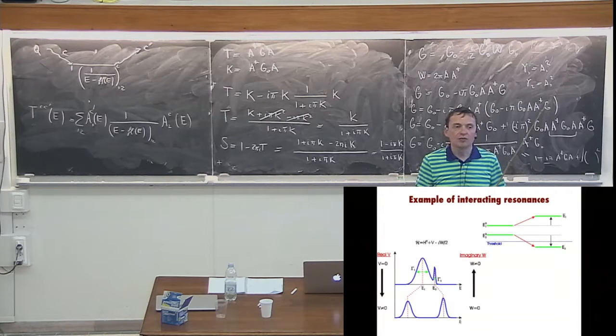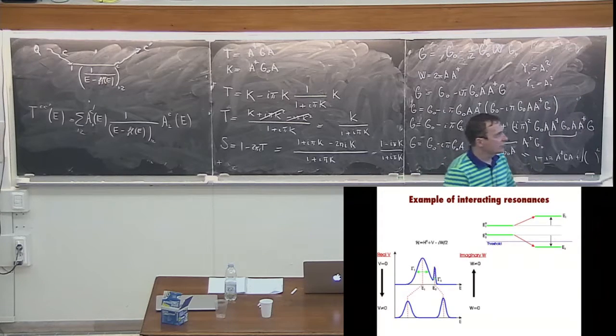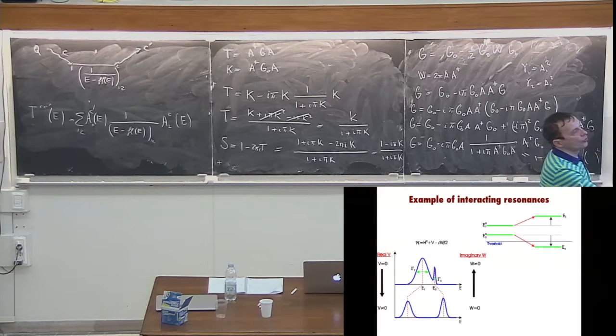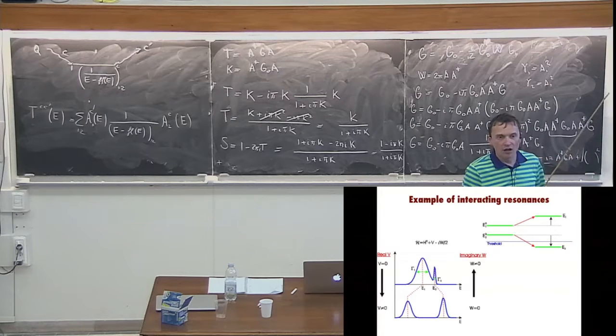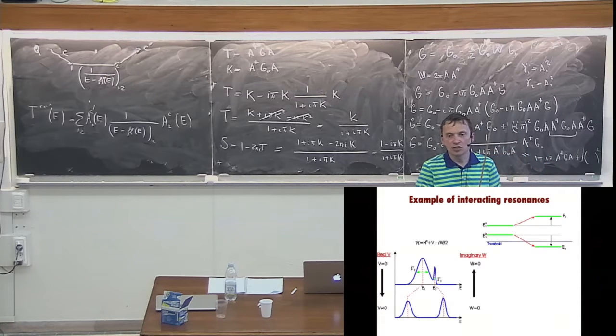At the same time, states being pushed apart generally means that their widths will be almost the same. However, in reverse, if you increase the imaginary part, then the states come closer, and it leads to another effect: one of the two states will have a larger width and the other one will have a smaller width.